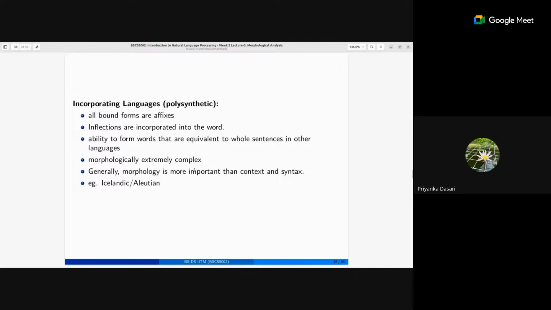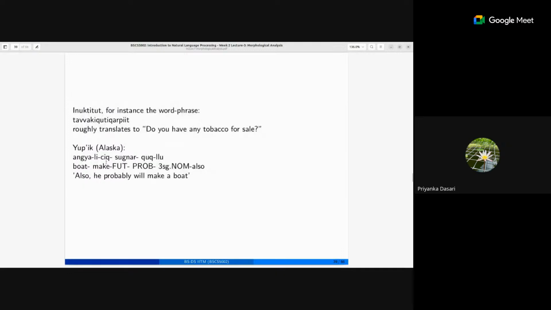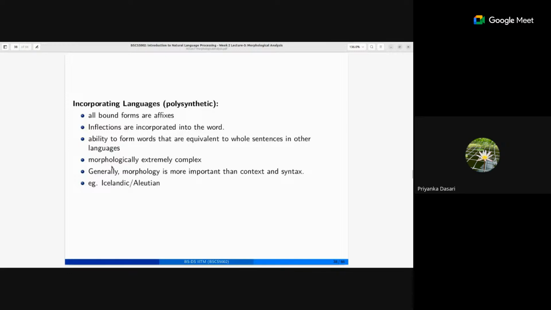Incorporating languages are extremely complex, and it is a little difficult to analyze them. See here, the ability to form words that are equivalent to whole sentences in other languages. So these are morphologically extremely complex languages.